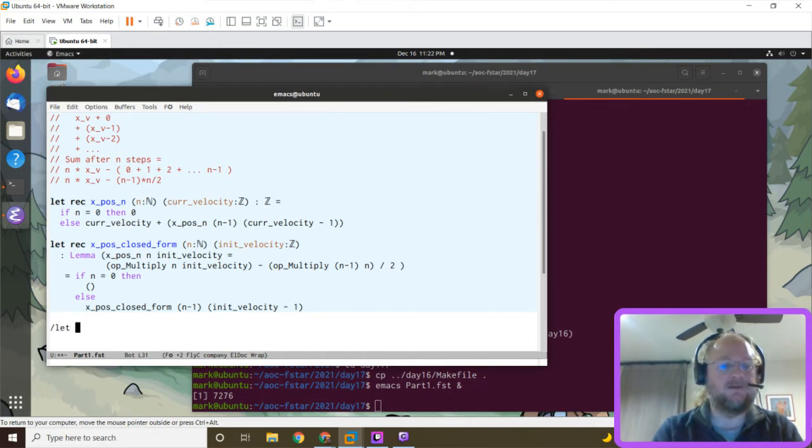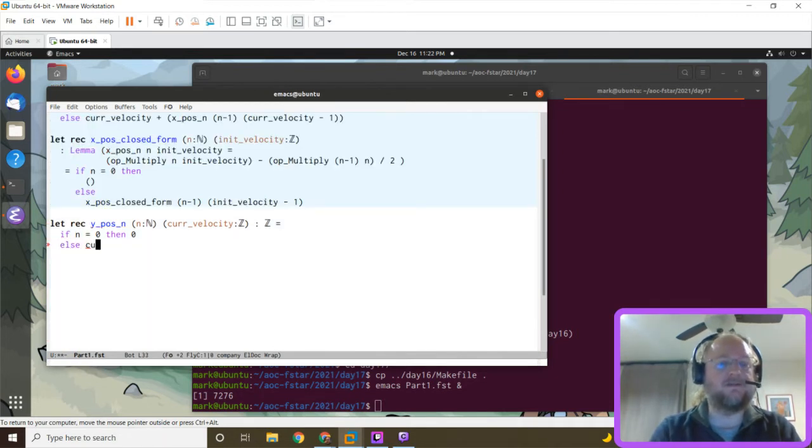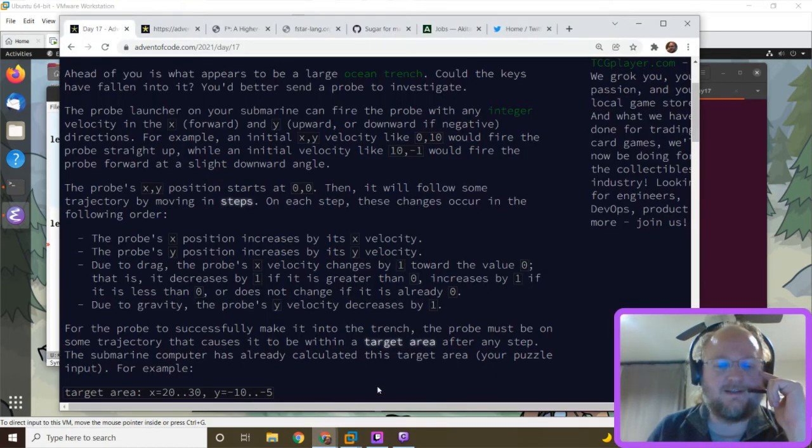So otherwise it's current velocity plus n minus 1. Wait, that's not the same formula.